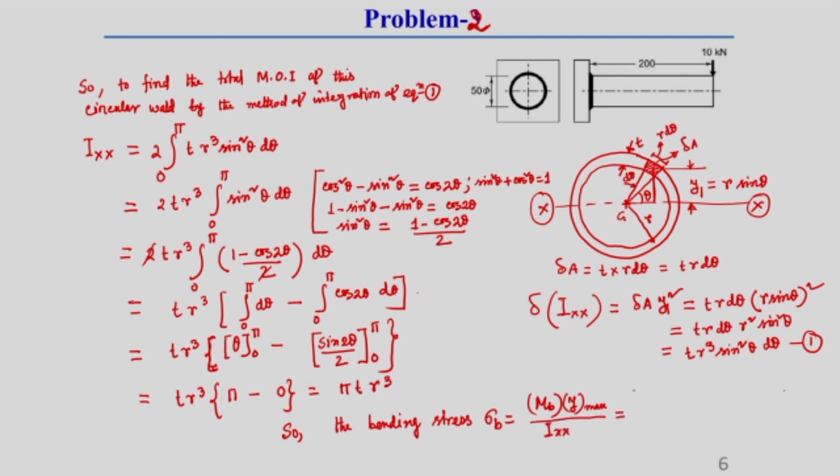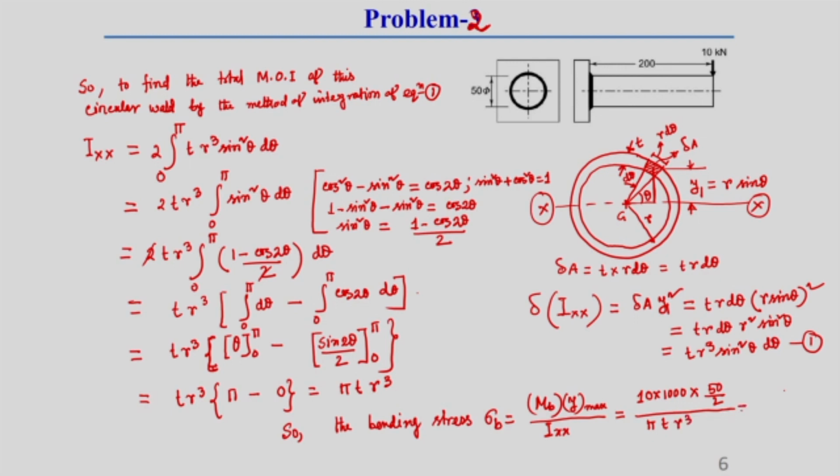Mb I have already shown in the previous slide, that is 10 into 1000, into y max, here 50 divided by 2, divided by Ixx, here I am directly putting pi T r cube.